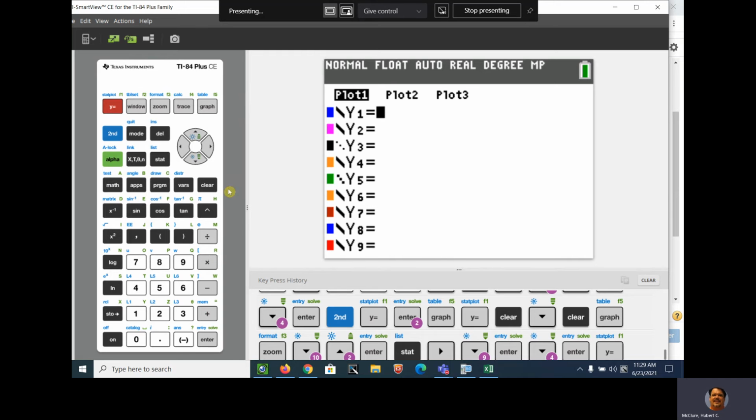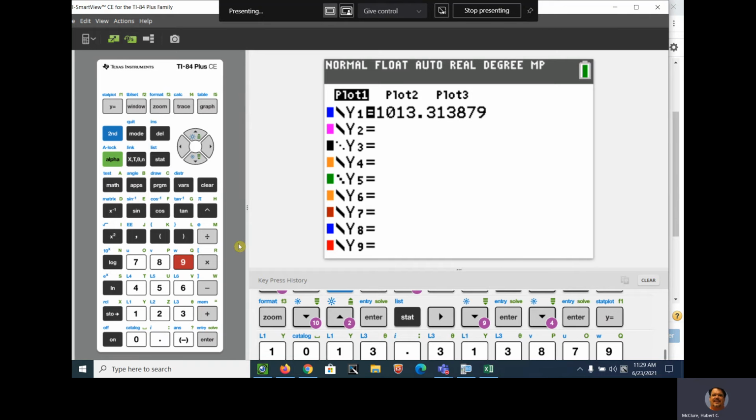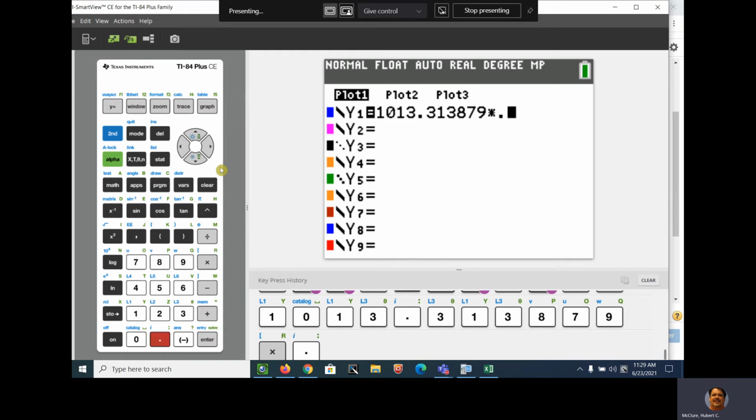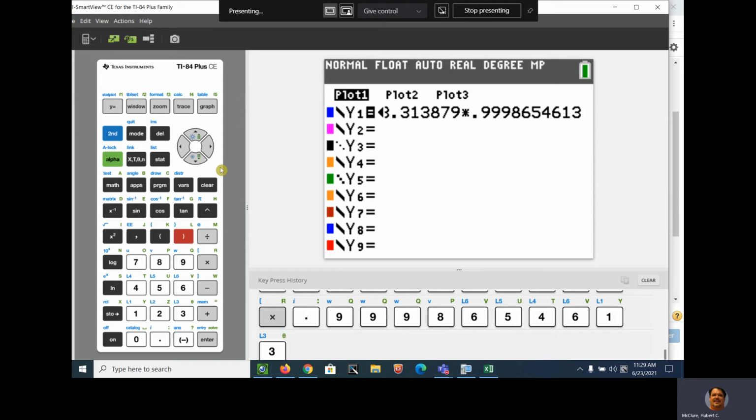So Y is equal to 1013.313879 times 0.999865613, and put parentheses around both of those.